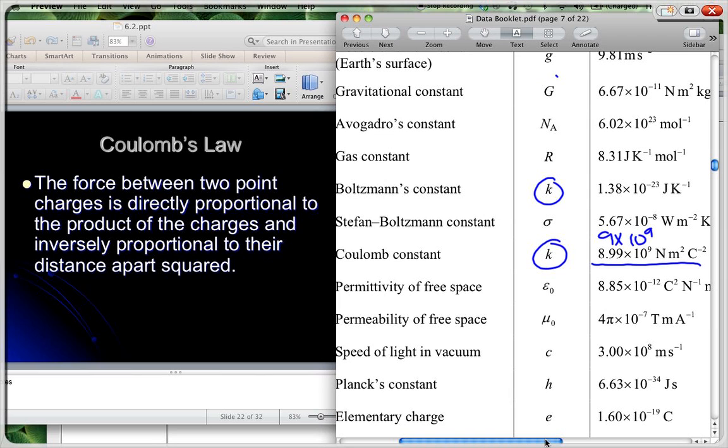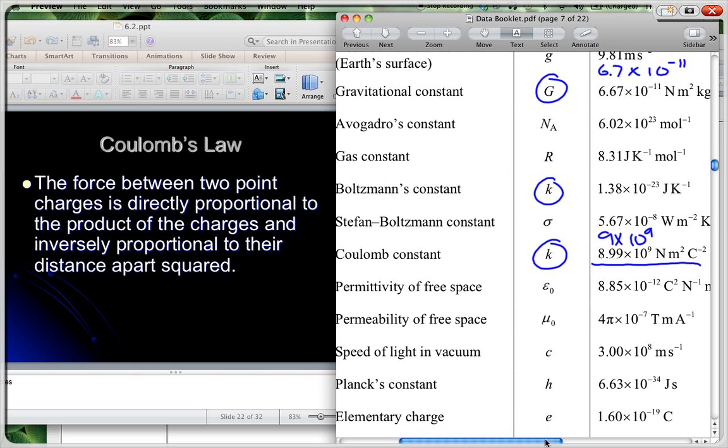Remember we had G, which was 6.7 times 10 to the negative 11. Now, they are very closely related. It's just the difference here that you've got kilograms and you've got coulombs. So mass is the stuff of gravitational force, the amount of mass there is.